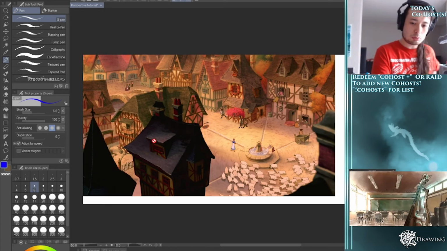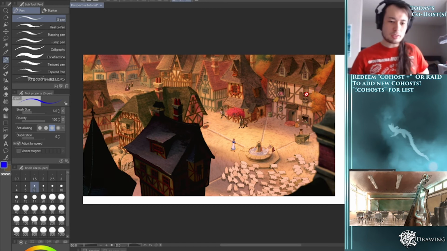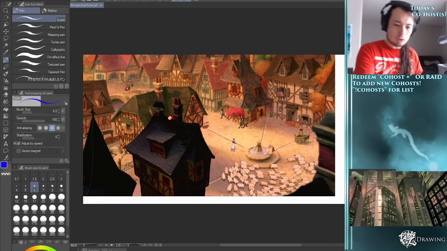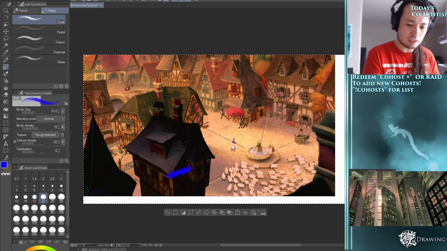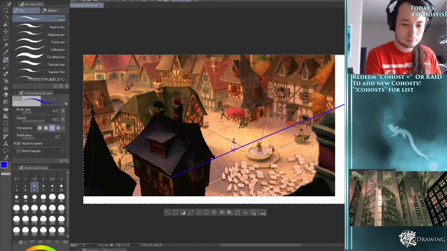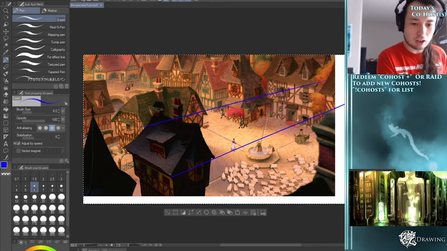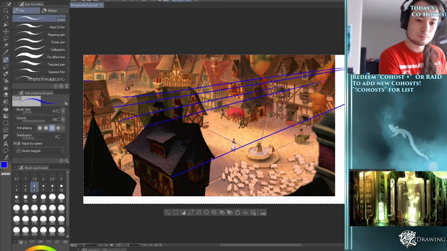The difference between this and an isometric perspective is that all of these lines are not parallel. They are converging. They are not at the same angle.